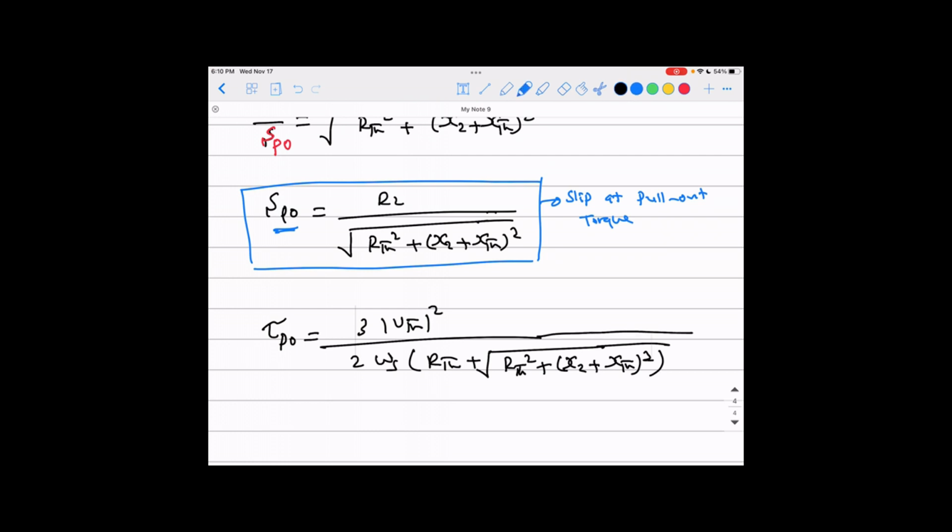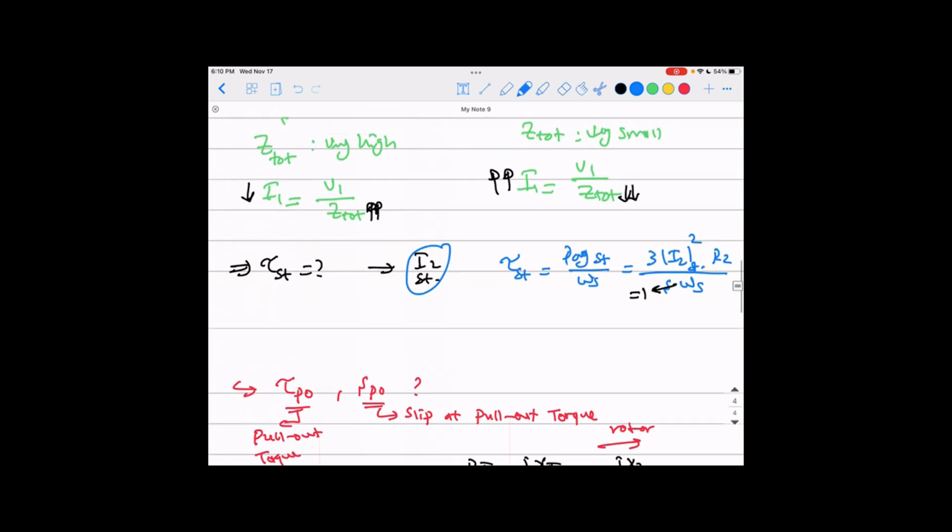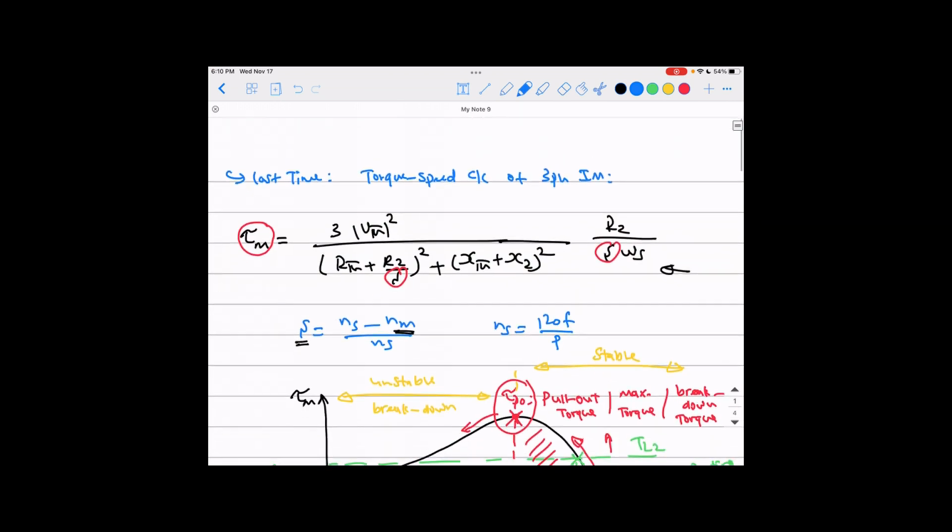Okay? So this relationship is how you calculate the pull-out torque, or the maximum torque of the machine. And this again is just by substituting this value of the slip at the pull-out torque in your regular torque speed characteristics we have just derived back here at the very start.